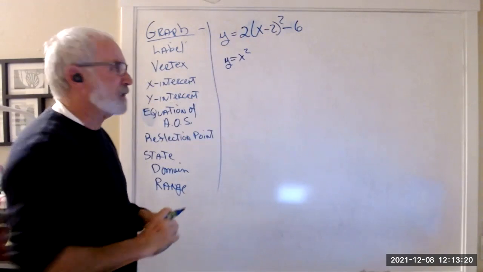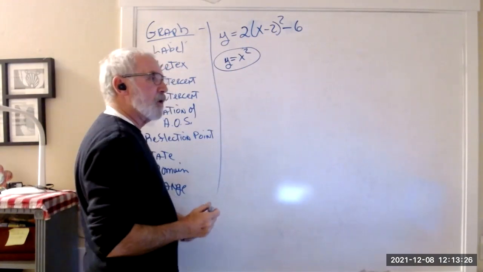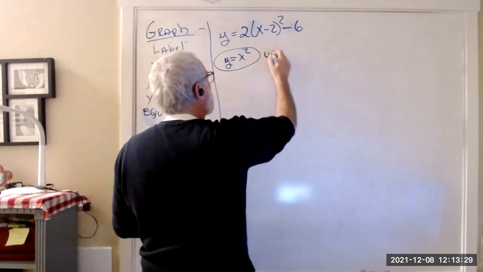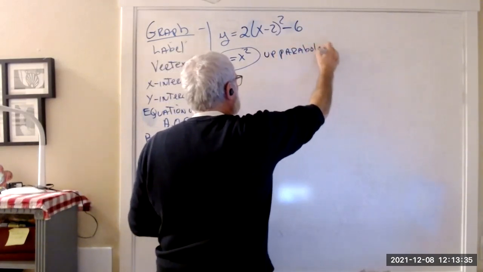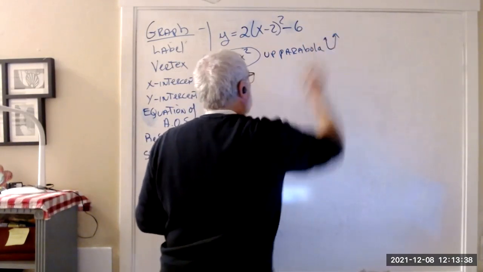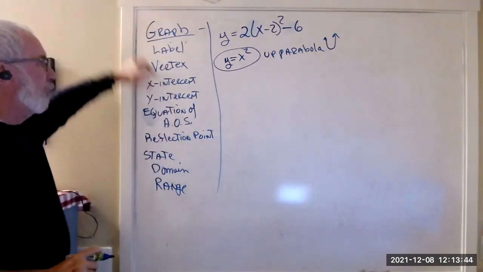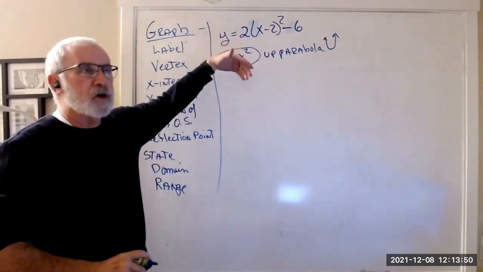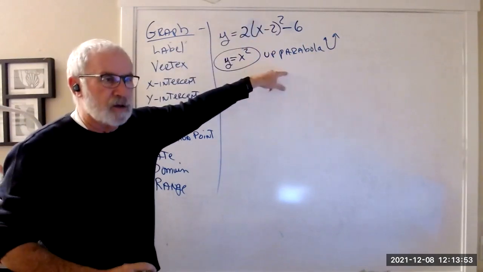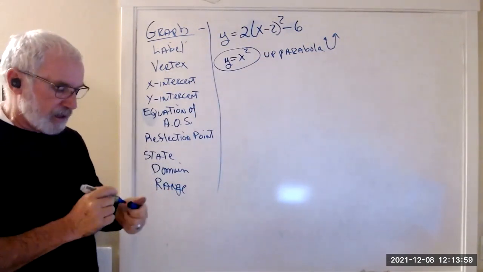But forgetting all of that stuff, just focusing on the really important part, this is y equals x squared, which means it's an up parabola. It'll look like that. So everything you do over here, where's the vertex? Where's the x-intercept? All this junk should be in context. Where's the vertex of the parabola? What's the x-intercept of the parabola? Okay, so with that, I give you a few seconds to try this.